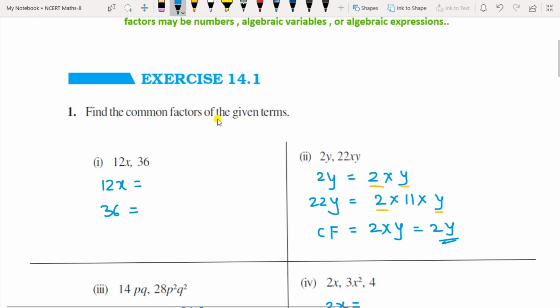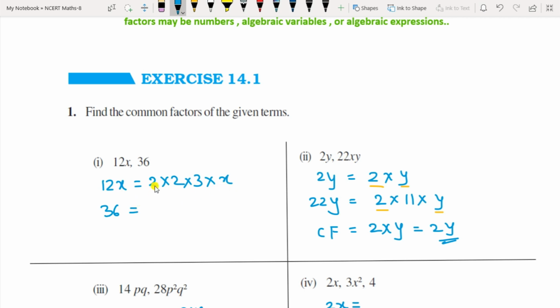Find the common factors of the given terms. It is 12x and 36. So 12x split in its prime factors. Always you have to write the factors in prime numbers. 12 is 2 into 6, and 6 is 2 into 3, so 2 into 2 into 3 multiplied by x.